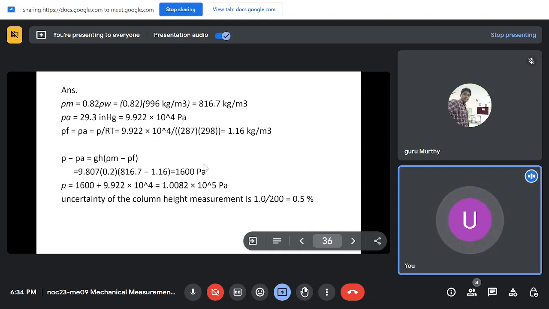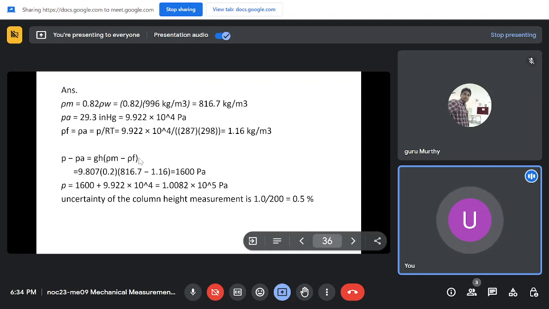And then we know that for the manometer, the pressure P minus PA will be rho g h into rho M minus rho F. So we know rho M, we know rho F, we know h, we know g. So the difference can be calculated. We know the PA also to find out the pressure.